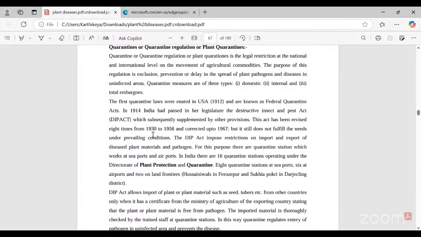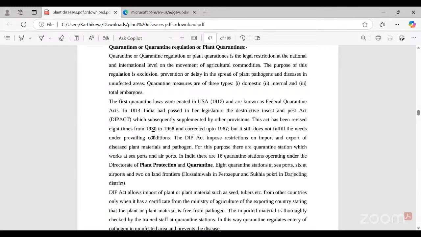This act has been revised eight times from 1930 to 1956 and corrected up to 1967, but it still does not fulfill the needs under prevailing conditions.